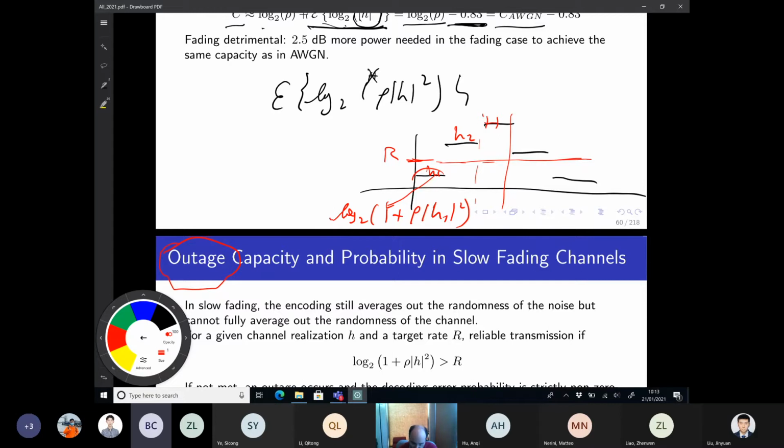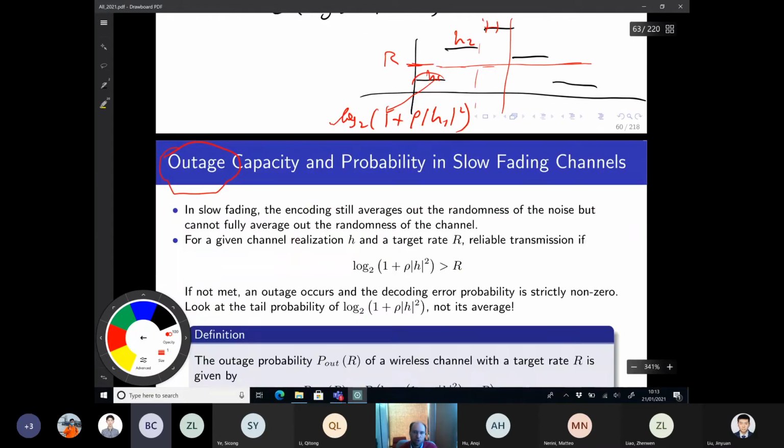So this is where the notion of outage comes in. Outage is when you transmit at a certain rate over a slowly fading channel, and you only have the ability to encode over one realization of the channel, not many of them. Then your rate may not be supported by the wireless channel.